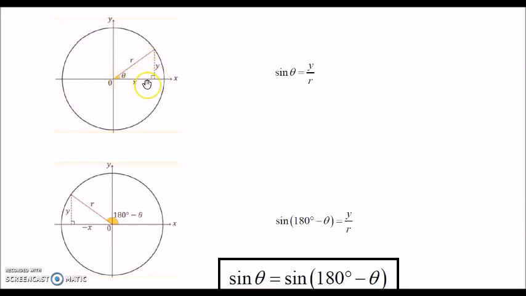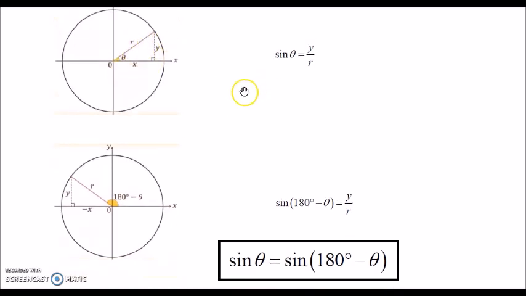If the dimensions are given to me as this to be x, this length to be y, and this being the radius r of my circle, then according to SOH CAH TOA, sine theta is opposite divided by hypotenuse. So it's y divided by r.